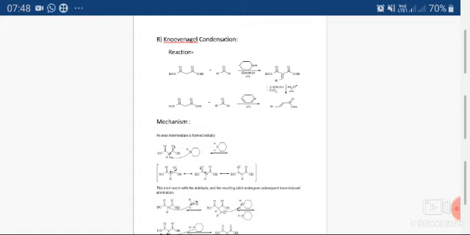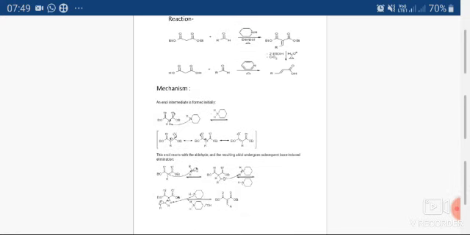Now this enolate attacks on the carbon of an aldehyde through the carbanion, and there is formation of an oxyanion. All this is happening in situ, so the base is also present in situ, and this oxyanion now abstracts a proton from the base, and there is formation of an intermediate.